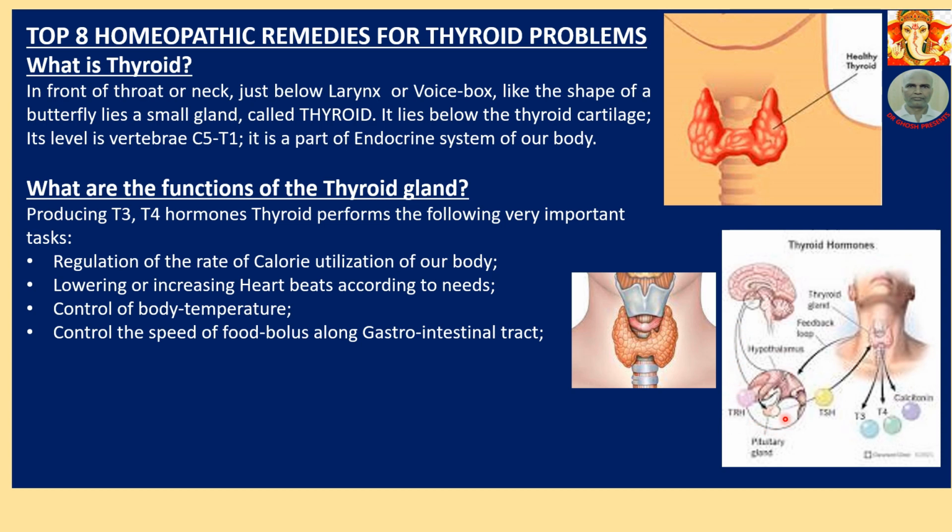Pituitary releases TSH, and that stimulation gives rise to T3, T4. Also, it sends back feedback so that too much TSH isn't excreted, because too much of anything is bad. There must be some balance, so it is positive, it is negative. In this way, thyroid is acting.